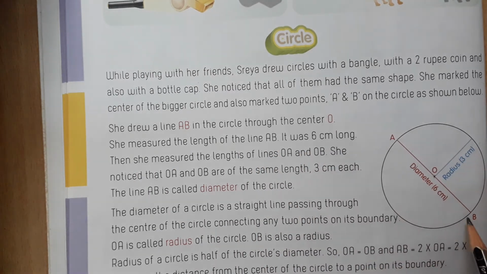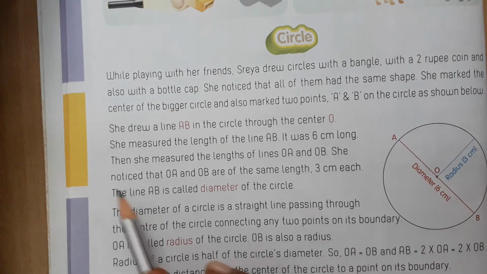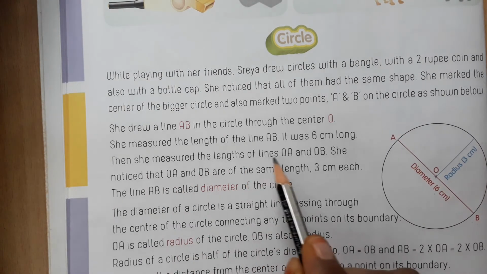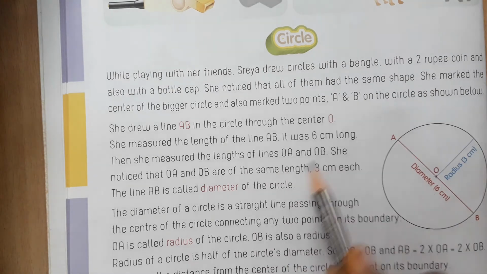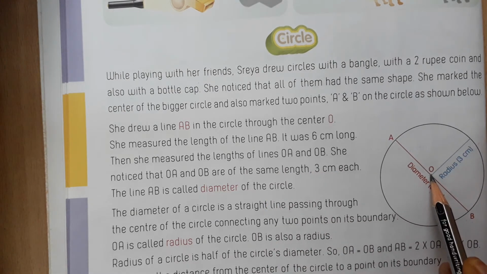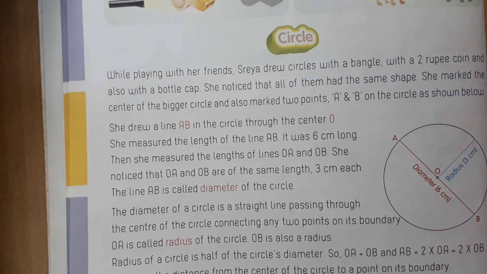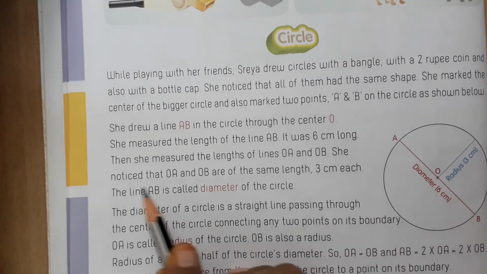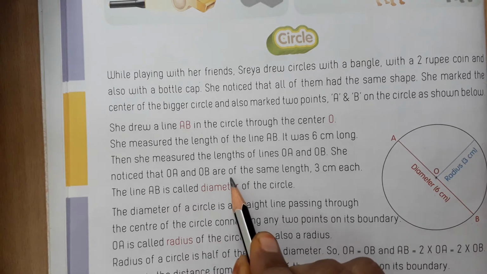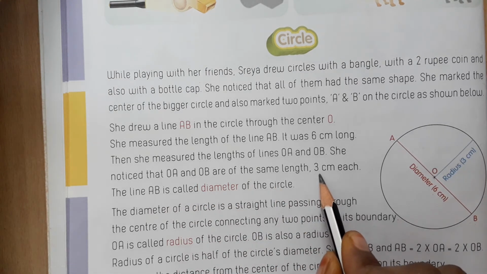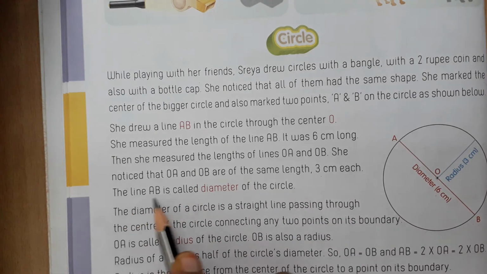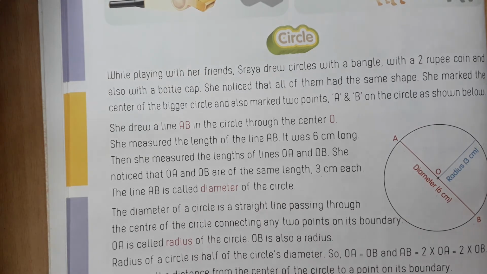What is the length of this line? 6 centimeters. Then she measured the lengths of lines OA and OB. So from O to A and O to B, she measured separately. She noticed that OA and OB are of the same length, 3 centimeters each. The line AB is called the diameter of the circle.